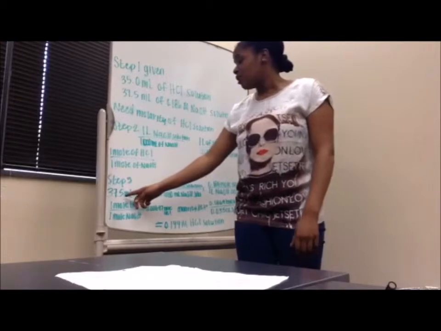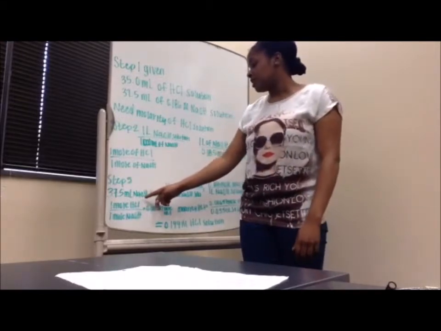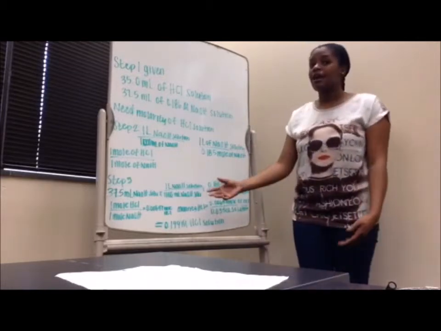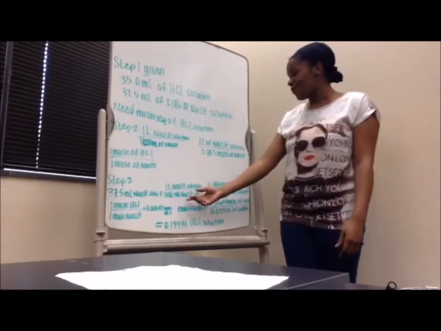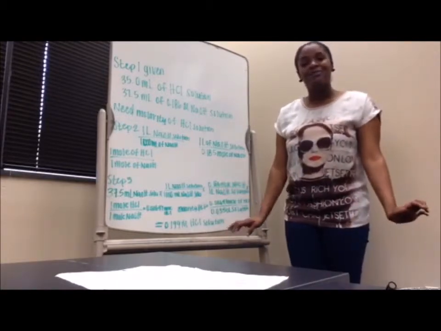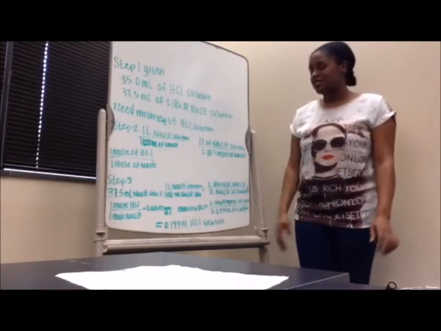You have 37.5 milliliters of NaOH solution times 1 liter of NaOH solution over 1,000 milliliters of NaOH solution.